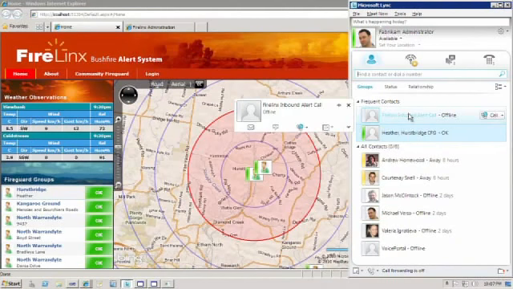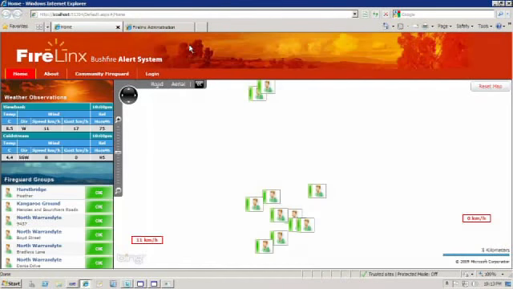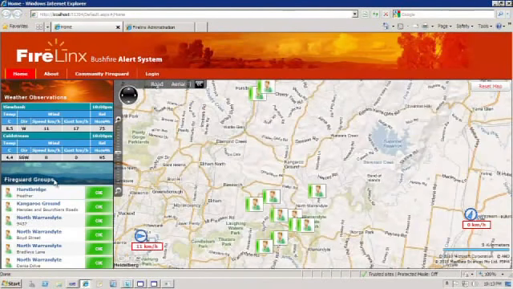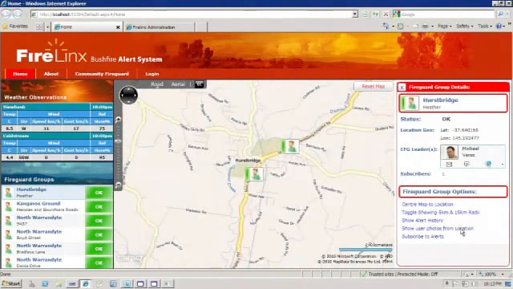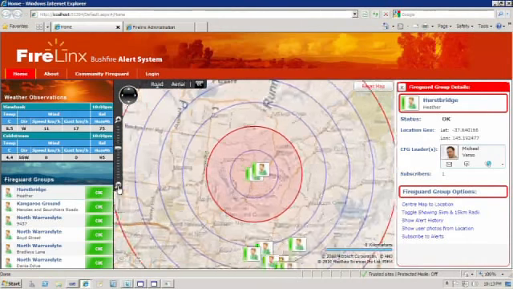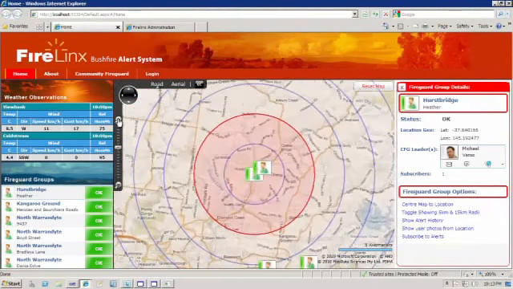The interesting part about this versus a pure broadcast system, however, is that when a message is sent out to the people in question, it can be interactive so that those people can say, yes, I've received that response and I'm activating my fire plan, or that they're not activating their fire plan. And the importance of this is that the emergency services can then use that information and from that basis understand where people are at, because during a fire event it's very chaotic.